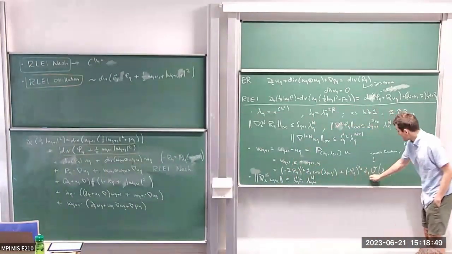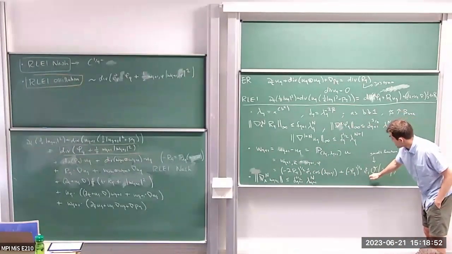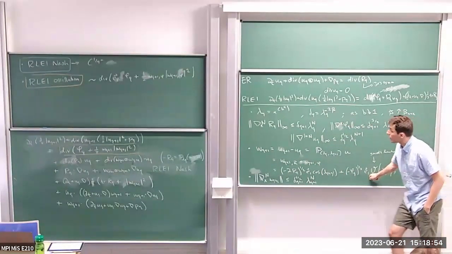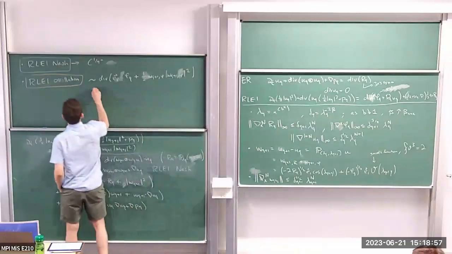So I set this thing up to be a shear flow with velocity field in the E1 direction.